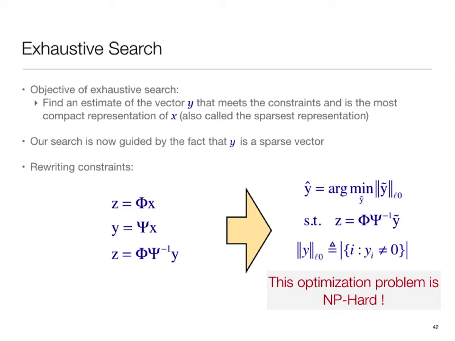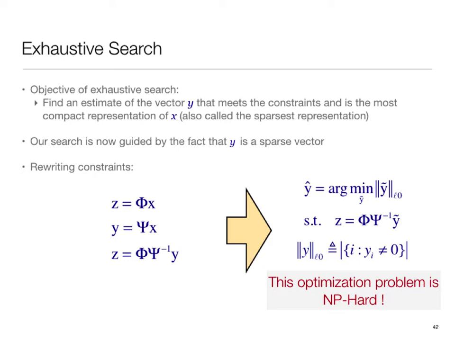The objective of my reconstruction is that I want to find a vector y that meets the constraint and is the most compact representation. So let's think of it this way, that y is equal to some other matrix psi x, then I can rewrite this as psi phi inverse y.